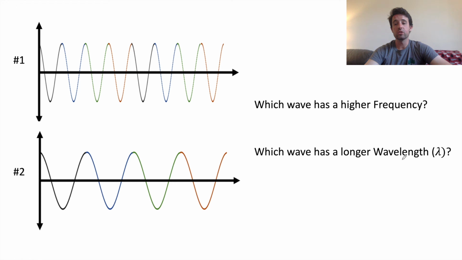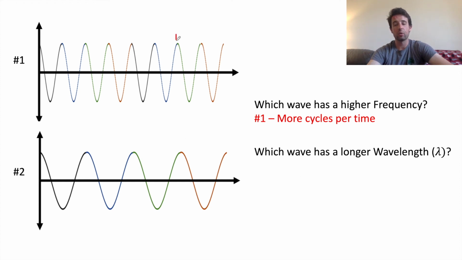Hopefully you got an answer. Let's go over them. For which one has the higher frequency, we're looking at the one that completes more cycles per unit time. Since these guys here are more scrunched together, we would say that graph number 1 has more cycles per time, so graph number 1 has the higher frequency. Longer wavelength, if you have a high frequency, you're going to have a super short wavelength.